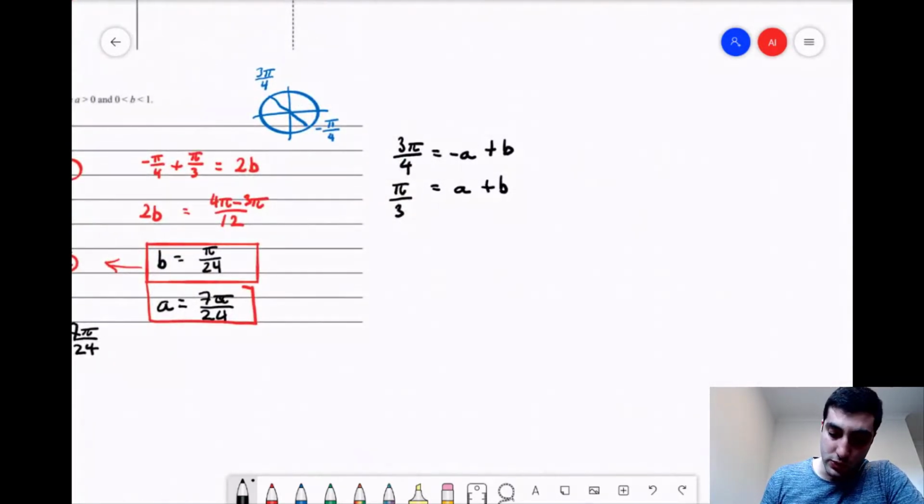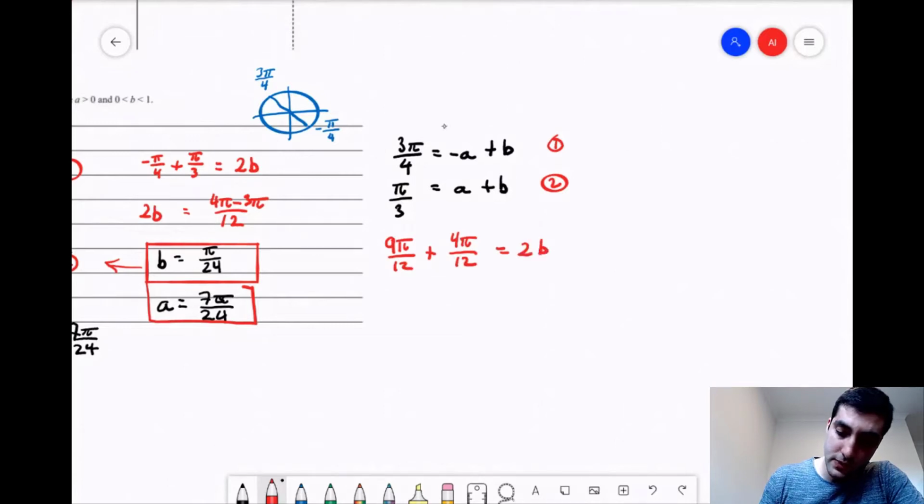And again, we would do the same thing where we take the sum of both of these equations, 1 plus 2, put that all over 12 as well. So you end up with 9 pi on 12 plus 4 pi on 12 is equal to 2b, which would be 13 pi on 24 is equal to b.